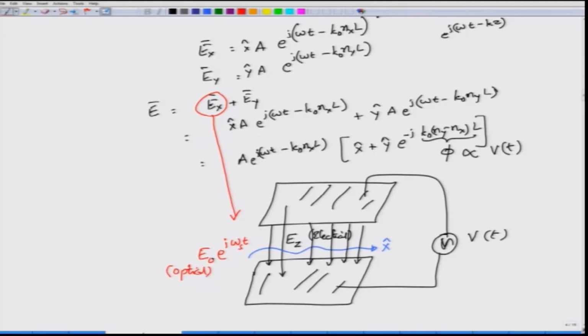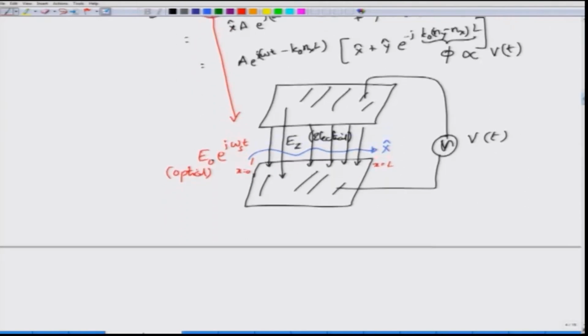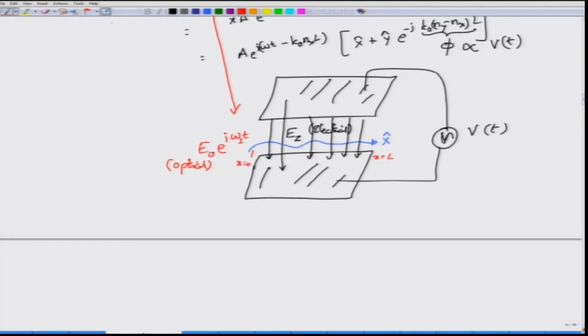Okay. So, this plane is x equal to 0, this plane will be x equal to L. So, what will be the electric field at the output region? That is, as the optical wave propagates through, it is subjected to a certain electric field. And what happens is that this electric field will change the refractive index of the medium.